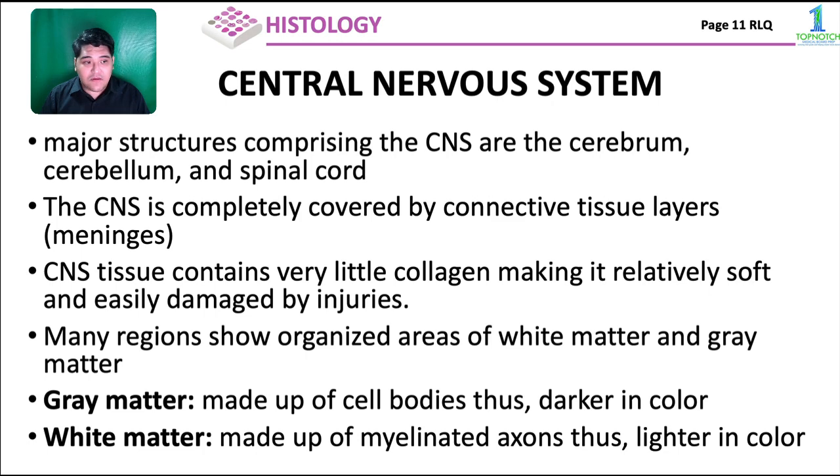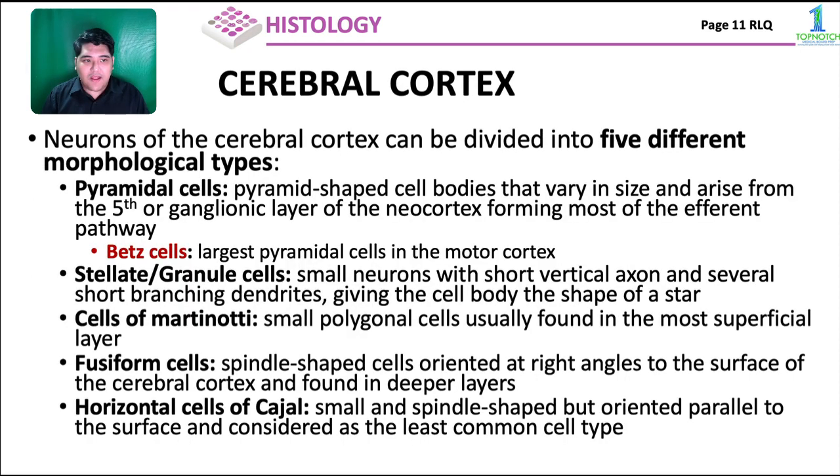It contains very little collagen ang ating CNS tissue and it is really soft and easily damaged. That's why napag-usapan natin sa bone na it protects yung mga internal organs like your brain. Now, your gray matter, again, is made of your cell bodies. Your white matter, made out of your myelinated axons, thus lighter in color. Remember that.